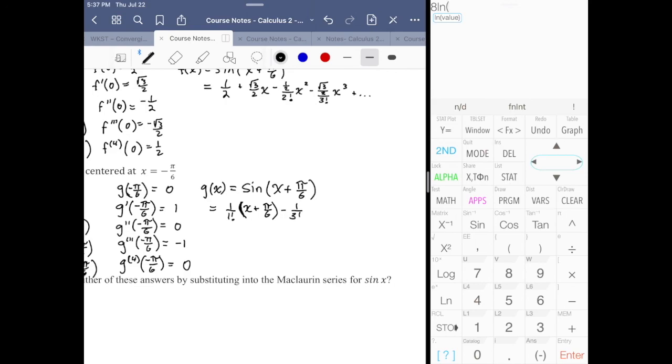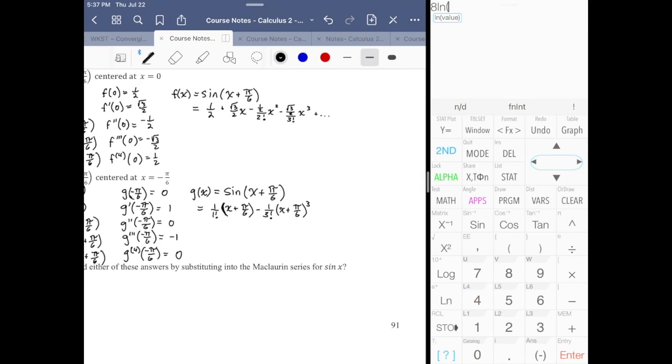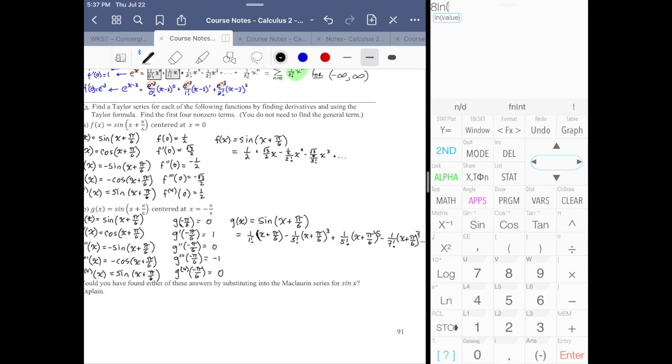We're up to 3 factorial, so minus 1 over 3 factorial x plus pi over 6 to the third power. That's only 2 terms, we need 4, but we have a pattern emerging here, so plus 1 over 5 factorial x plus pi over 6 to the fifth, minus 1 over 7 factorial x plus pi over 6 to the seventh, dot dot dot.